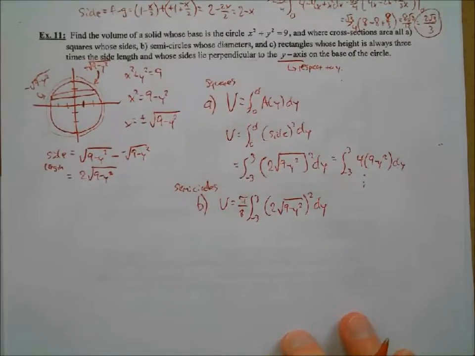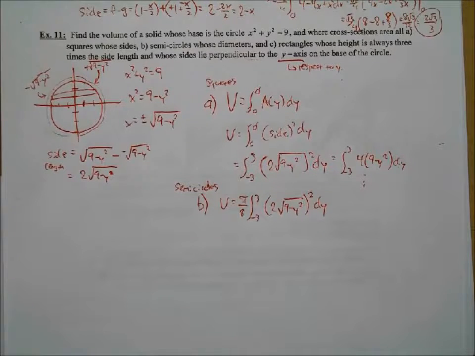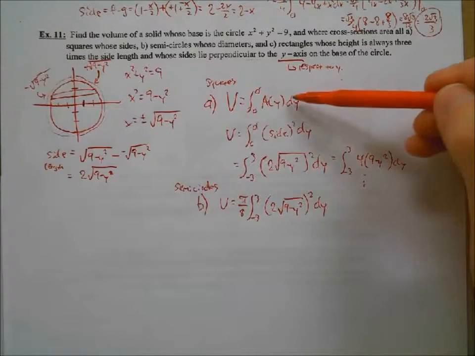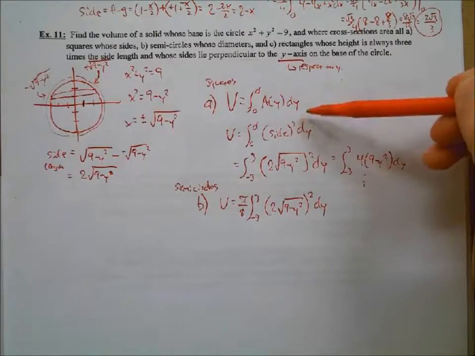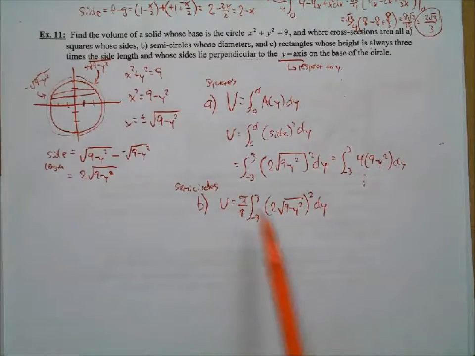The only thing that's changing here, because our region is staying the same and all of our cross sections are staying perpendicular to the y-axis, is the kind of cross section that we're using. And so what changes as a result of that? The area formula for those particular cross sections. For the square, it's side squared. For the semicircle, it's pi over 8 side squared.